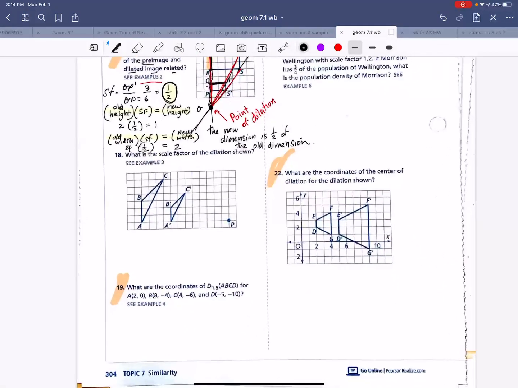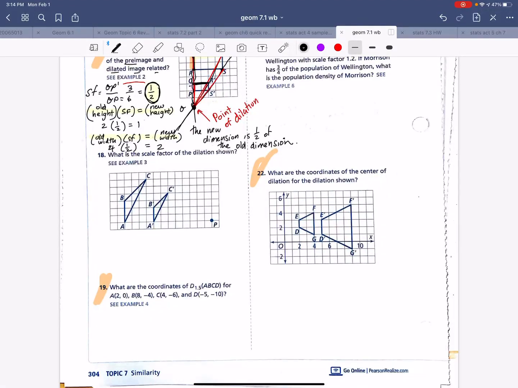Now we take a look at 19. What are the coordinates of this? So that's a dilation, a scale factor of 1.5, which is the same thing as 3 over 2, or 1 and 1/2. What are the coordinates of that if our original coordinates are this?